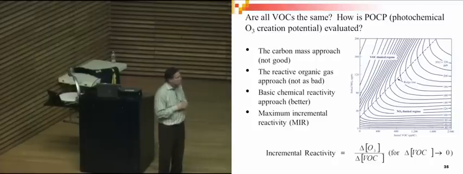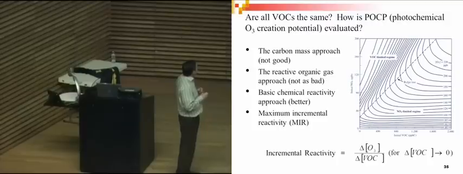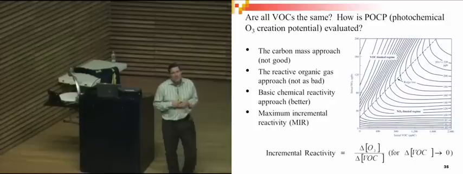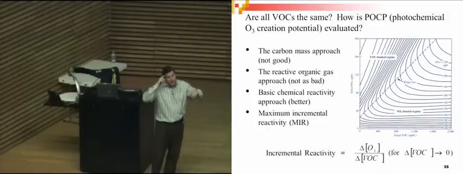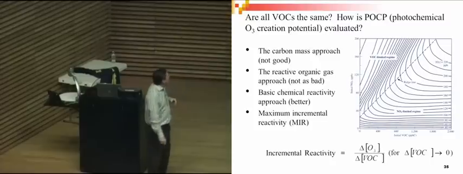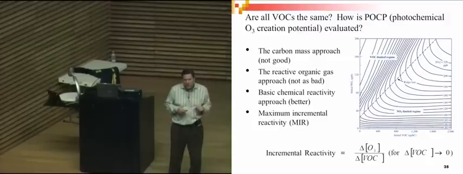That's not a particularly accurate model. We have another model where we can look at reactive organic gases. Rather than looking at VOCs as a bulk, we can look at specific reactive gases, and that's a little more accurate. We can look at overall chemical reactivity, and I'll show you a table that looks at that, and that's, again, a pretty good representation.